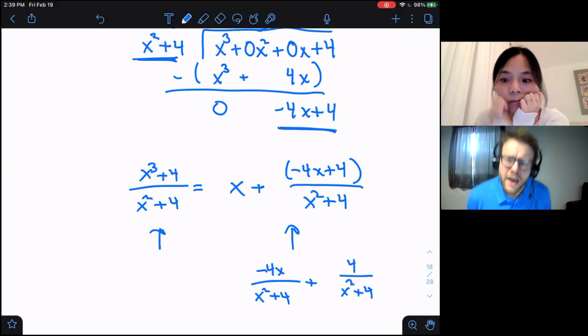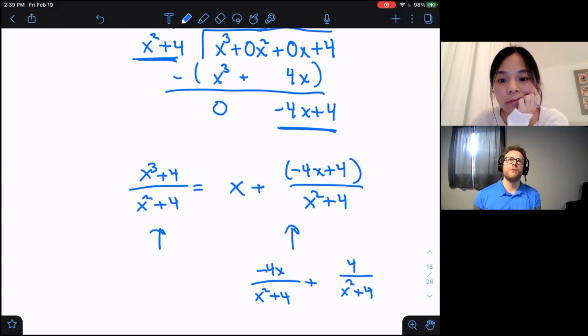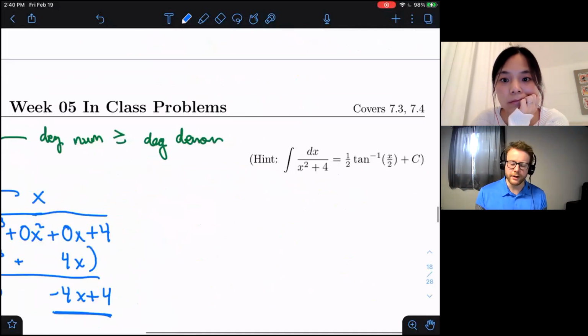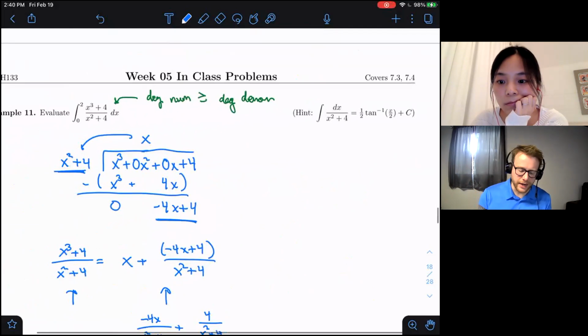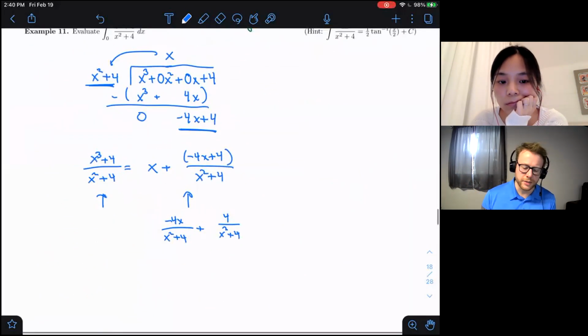Thinking about how you could make something like this reasonable for a quiz or an exam, notice that I've given a hint up here that would help you finish off that other part rather fast. All right, that's what I wanted to make sure to cover for this problem.